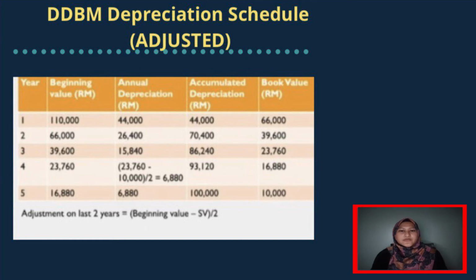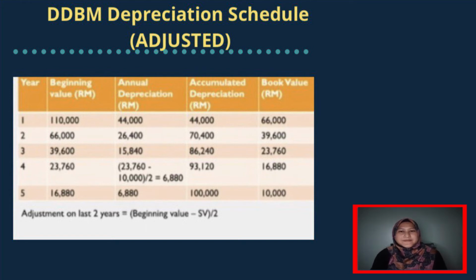Why 2? Because the value is to be divided equally between year 4 and year 5. So 23,760 minus 10,000 divided by 2 equals 6,880. Then annual depreciation of year 4 and 5 use the same value.